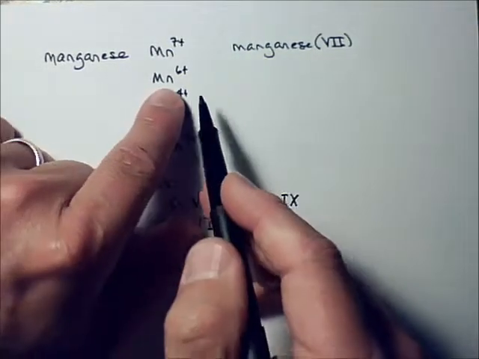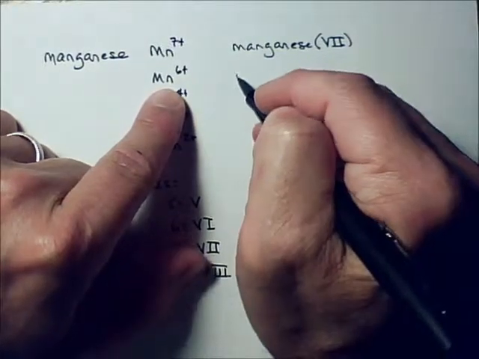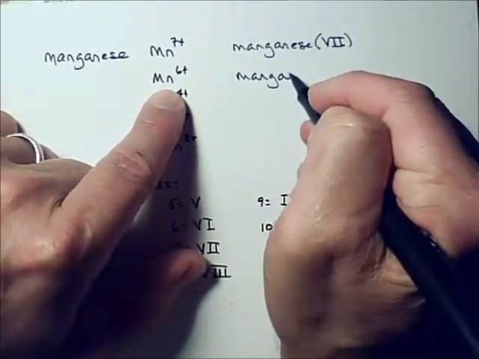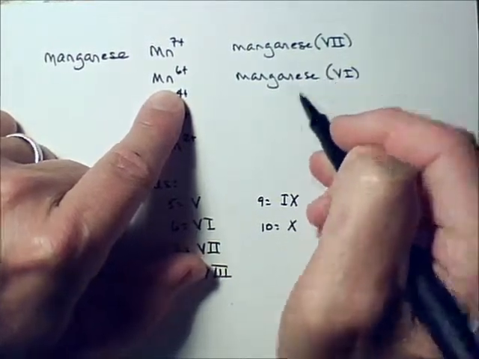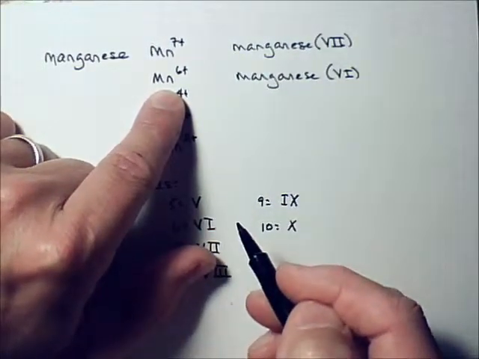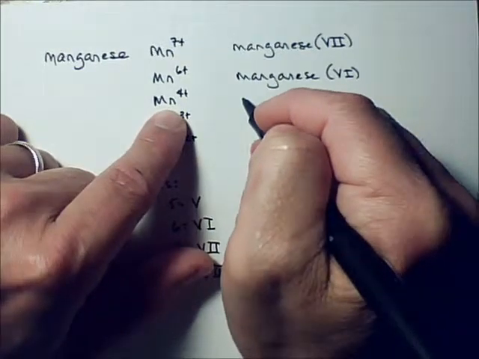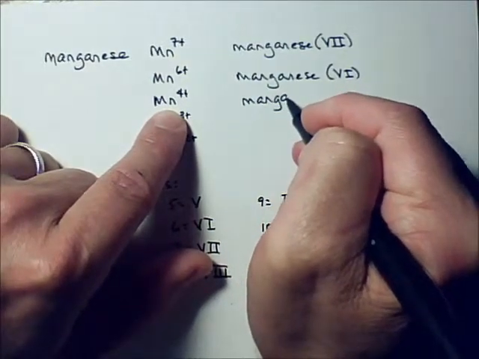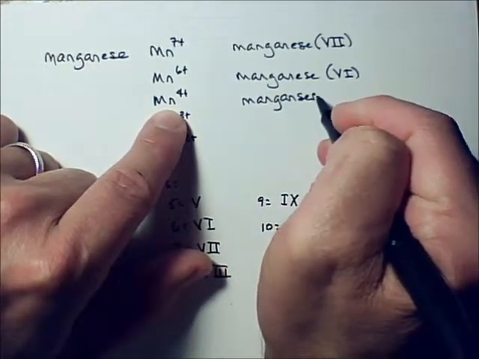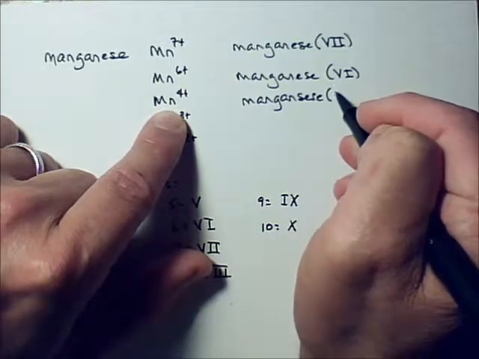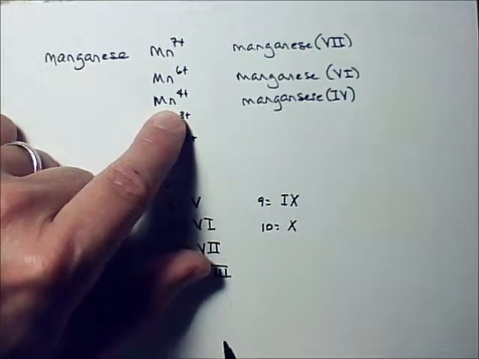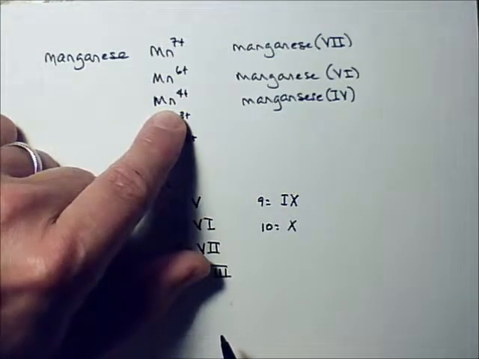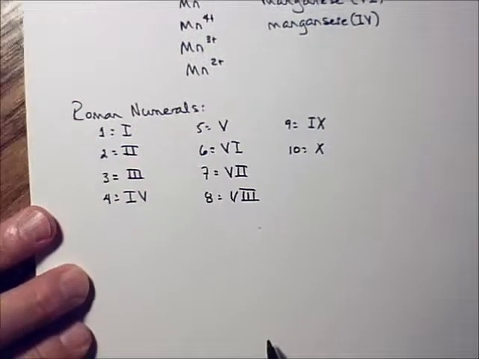And so the name of this one would be manganese(VI). And I kind of left the space there. There shouldn't be any space there. You have to write out manganese if you're saying the name of it. So manganese 4 is manganese(IV). Okay? And so forth.